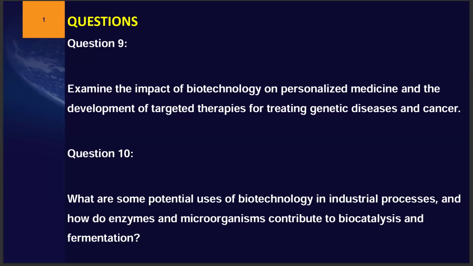So what are some of the potential uses of biotechnology in industrial processes, and how do enzymes and microorganisms contribute to biocatalysts? Biotechnology plays a crucial role in industrial processes, for instance chemicals, fuels, and pharmaceuticals, which offer sustainable alternatives to traditional manufacturing methods that rely on fossil fuels.